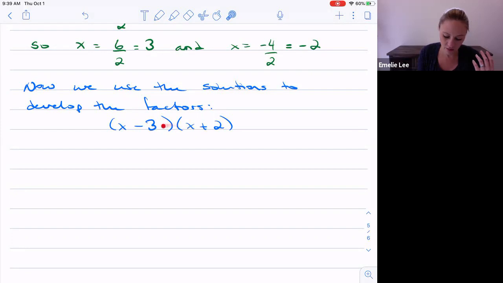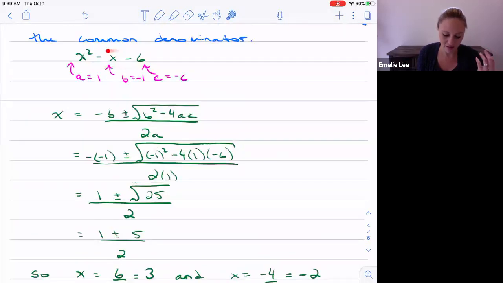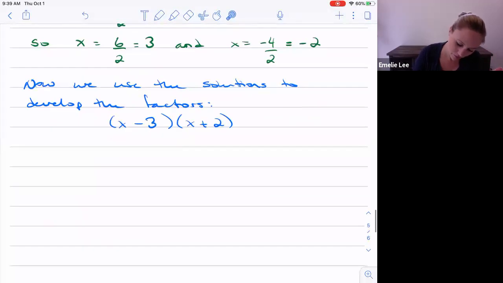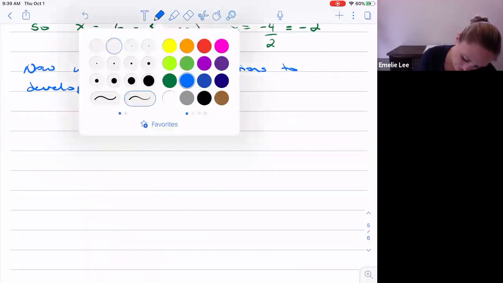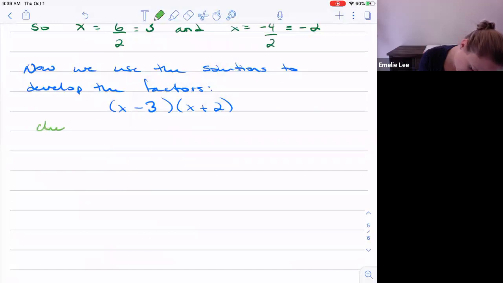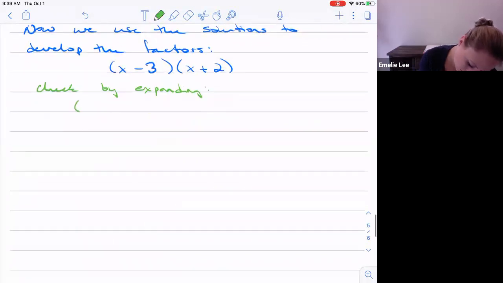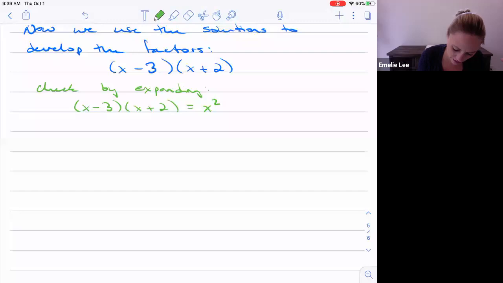So we'll just check to make sure that it expands into what it should expand to, just so we're not factoring incorrectly. Check by expanding. We've got x minus 3 times x plus 2, which is x times x, which is x squared. x times 2 is plus 2x.